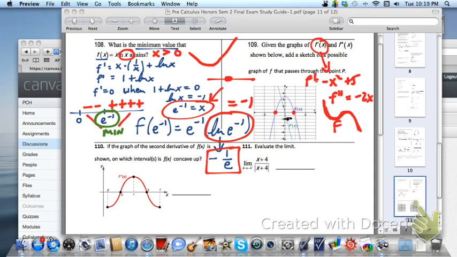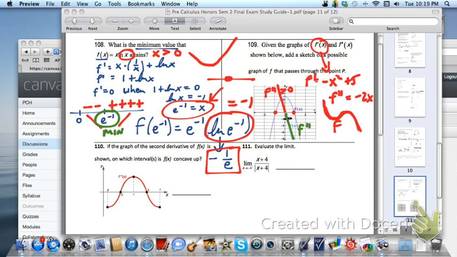And then we know that f double prime is positive, and so f double prime being positive means that f is concave up on the interval from -infinity to 0. So for all values of x that are less than 0, f is concave up. For all values of x that are greater than 0, so for positive values of x, we're going to find that f is concave down because f double prime is negative on that interval.